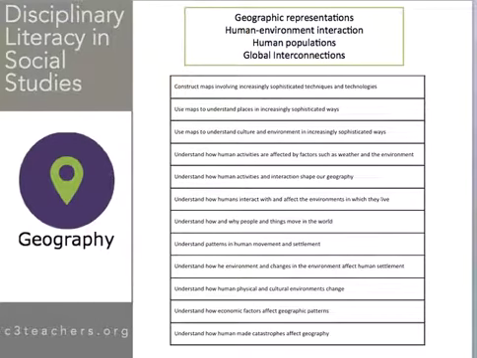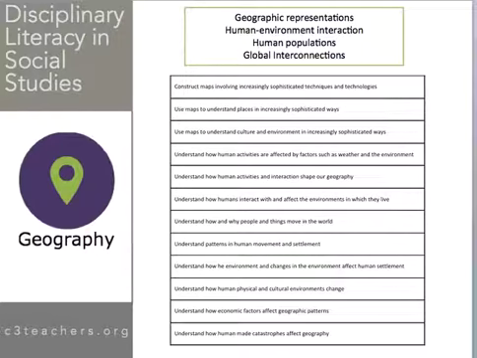There are 12 indicators in the geography strand of the C3 framework, in Dimension 2. You see these on the screen now. These 12 indicators point to concepts and ways of thinking that are unique to geography. So what you see here are actually summaries of those 12 indicators.